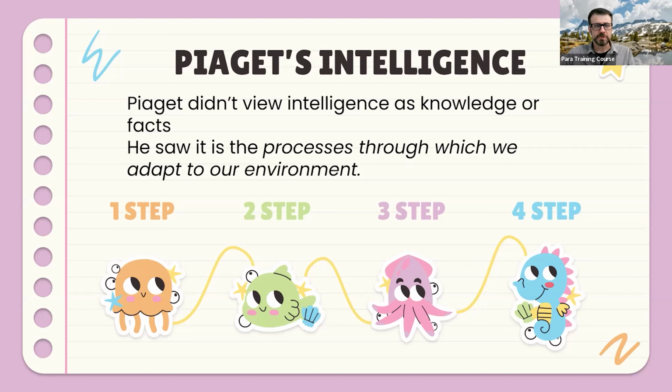They're not empty. It's more like they are pretty close to full already, and we just want them to overflow, right? So intelligence itself is something that Piaget viewed as a process, not a destination, but the process, how we respond to the stimuli in our environments.